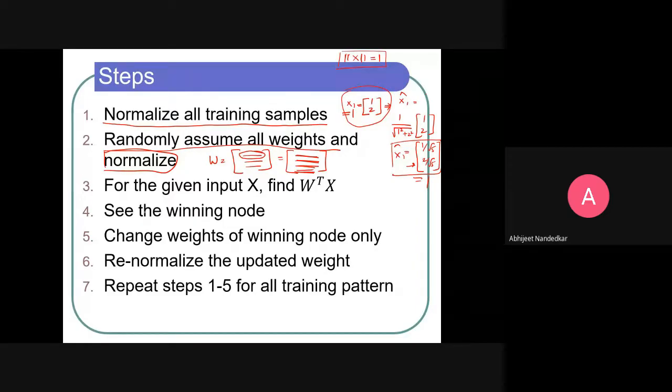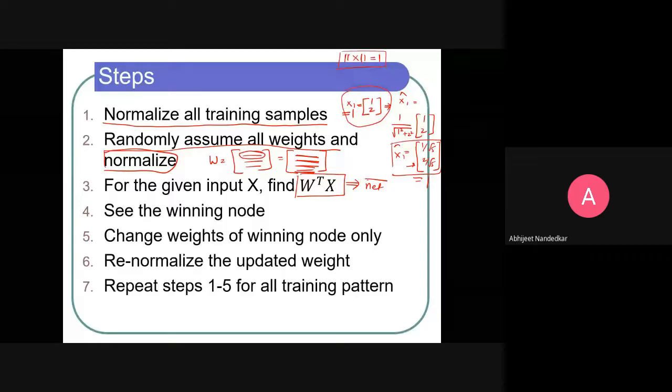For the given input x, find W transpose x. You can just multiply this weight matrix by input x. You will get the corresponding net vector, which consists of the nets of all the neurons in that particular structure.